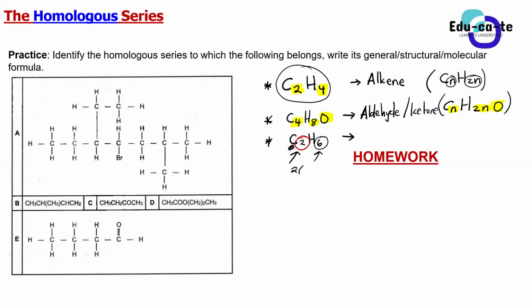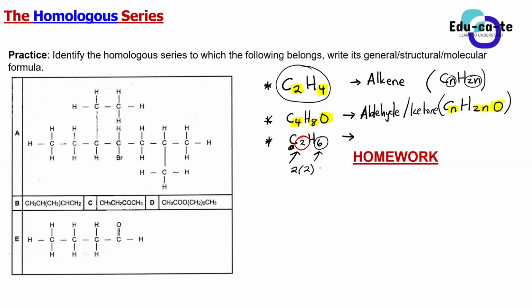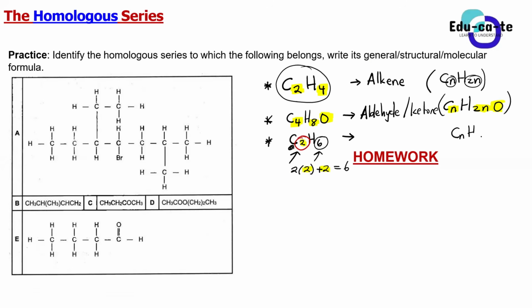2 times 2, which will give you 4. And then that 4 plus 2 would give you 6. So basically, your general formula says 2 times the number of carbon atoms plus 2. You already know that general formula: CnH2n plus 2. How did we figure it out here?